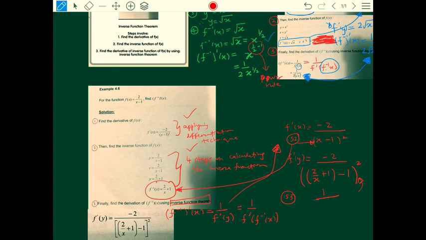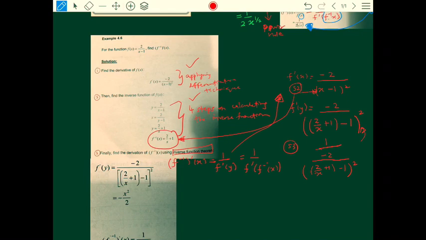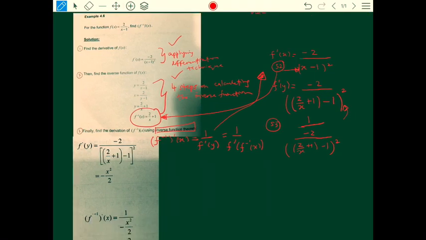So 1 over negative 2 over (2 over (x plus 1) minus 1) squared.